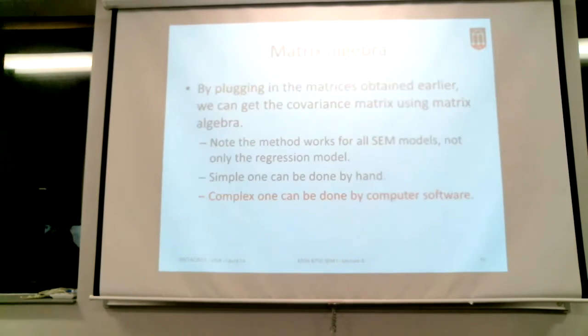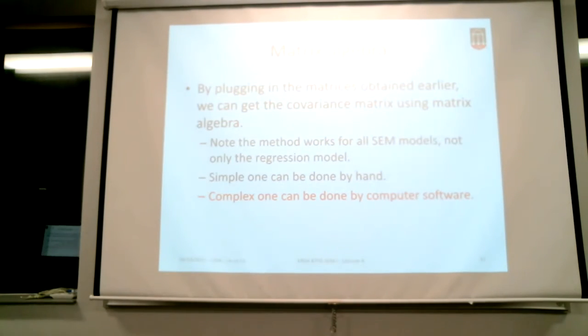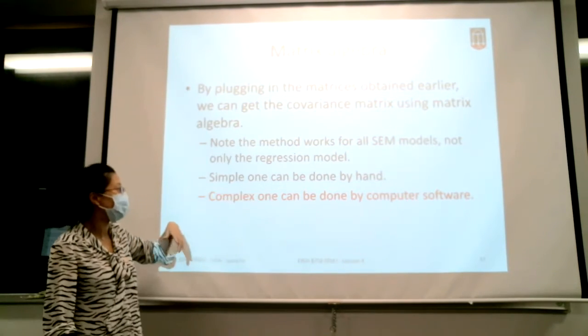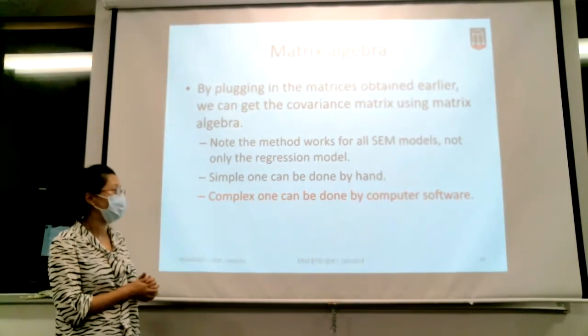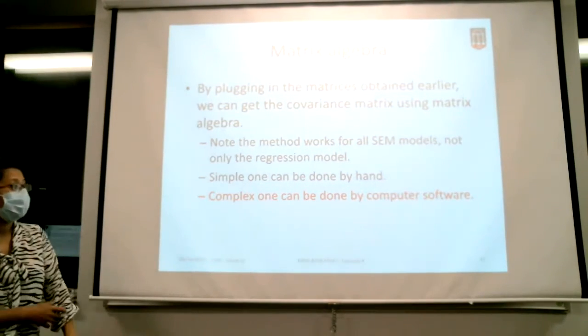In this case, and in many other cases, we need to use computer software. The simple case can be done by hand; for a complex model, for example multiple regression, we can do it by computer software.